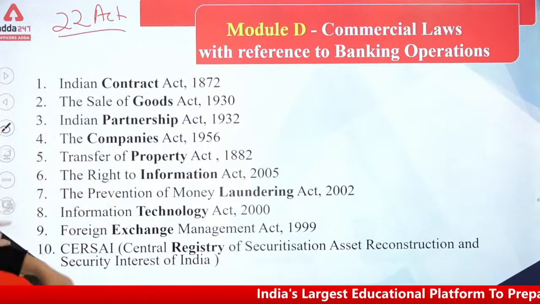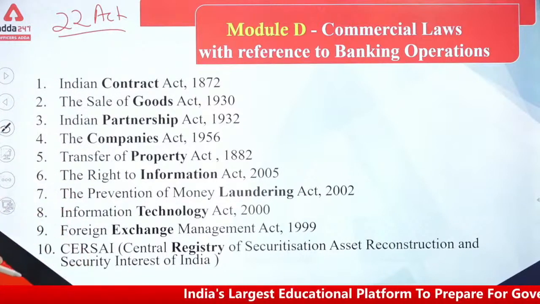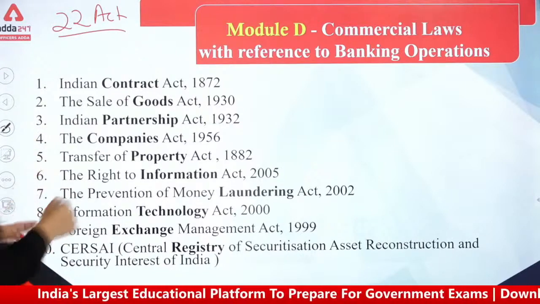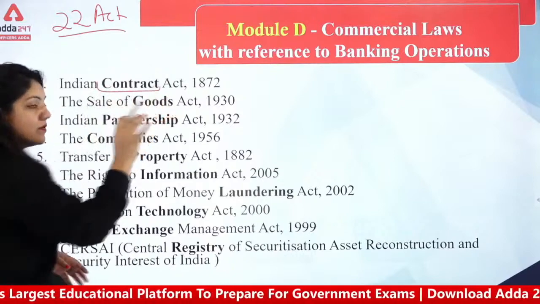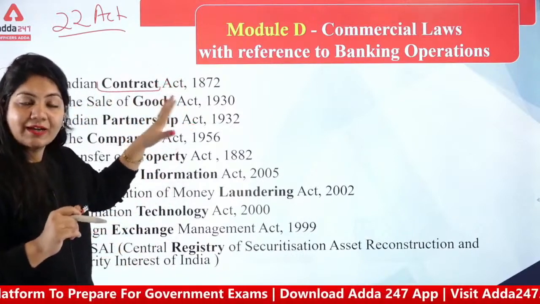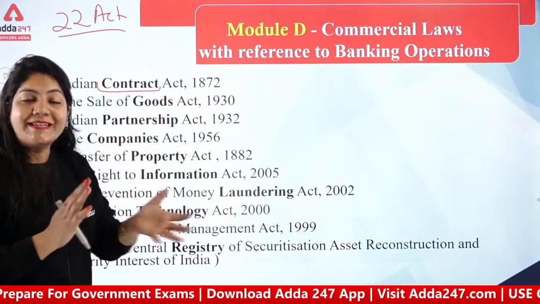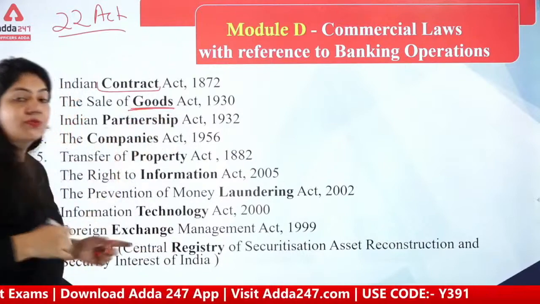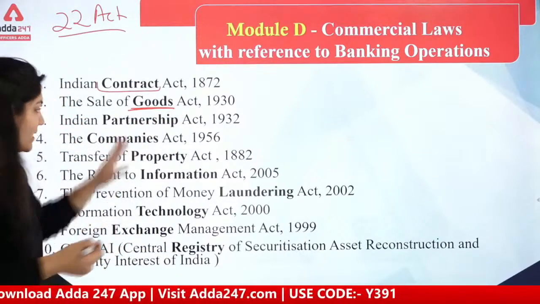And in these 22, you do not have to learn all the sections of the particular act. If I talk about contract, only hardly 5 to 10 sections. Contract, as you know, simply means when two persons deal with each other, that is called a contract. Next one, the act which belongs to goods.